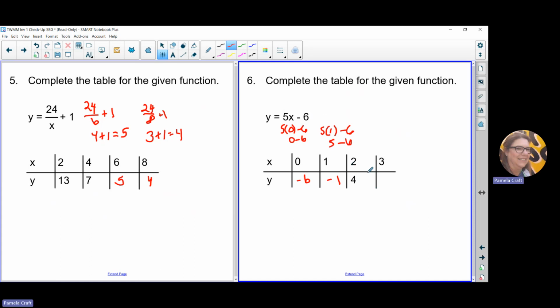And 10 minus 6 would get me 4. So 5 times 3 for our last one, minus 6. And I get 15 minus 6. 15 minus 6 is 9.